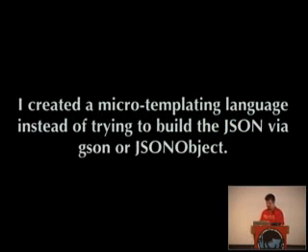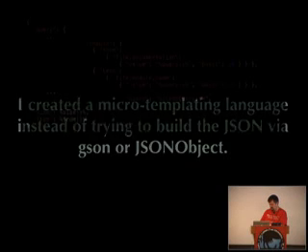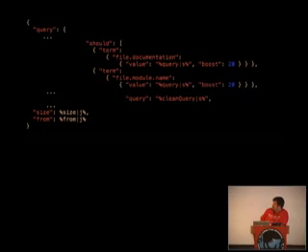So I built a little micro templating language instead. So I write JSON with JSON, and then I fill in little bits. So I treat it like a string, and then fill in bits with more stuff. So I start with a template that looks like this. I've snipped out all of the extra verbiage just so we can focus on it.